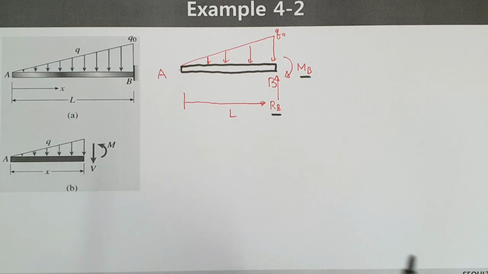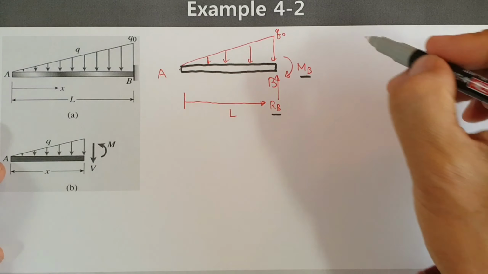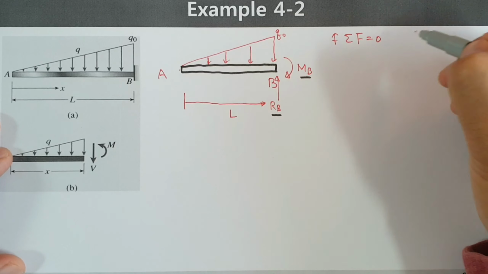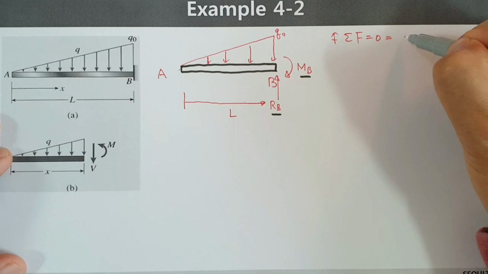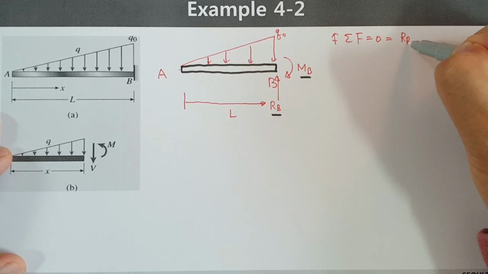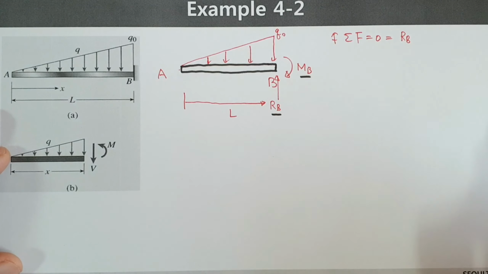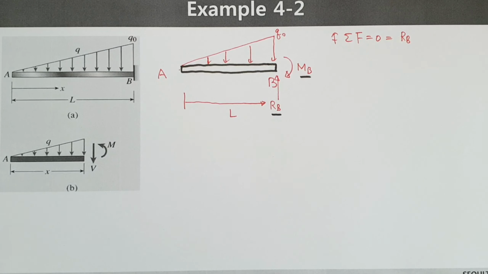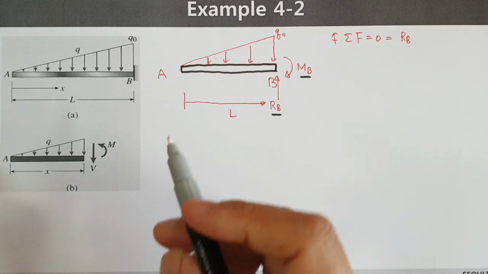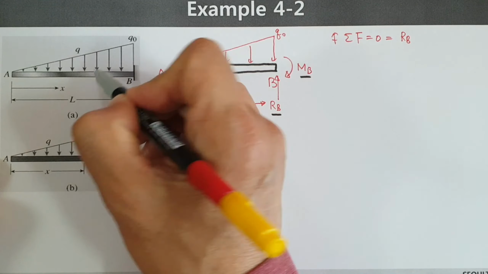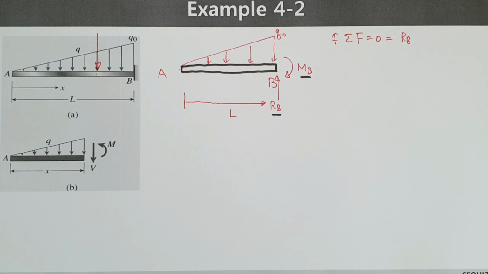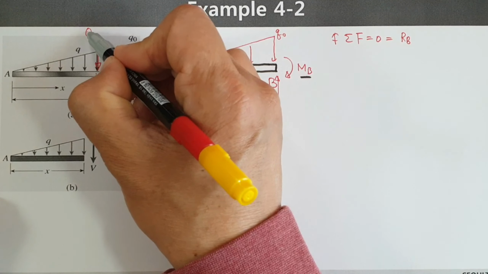At first let's think about the RB value. Sigma F equals 0. Upper direction is positive. Then we can say RB. Next, this distributed load, when you consider it, is equivalent to a concentrated force like this one.